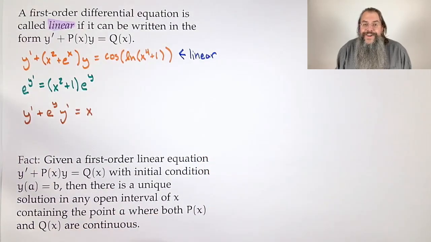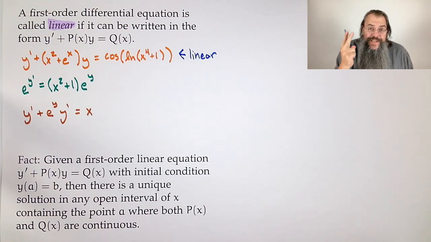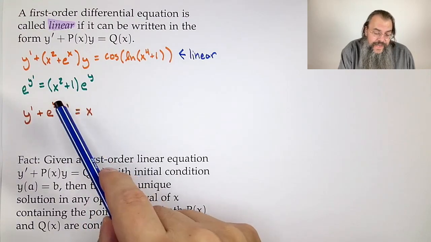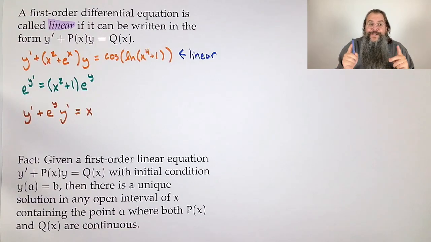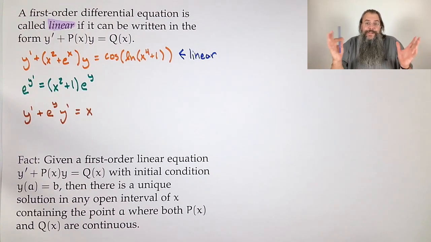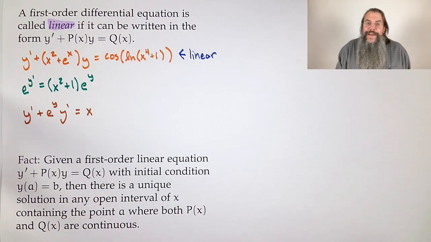So we say, yes, this is something which is linear. Good. All right, let's go to the second example. You have e to the y prime equals x squared plus 1 times e to the y. Linear or not linear? What do you think? Now, you look at it and your initial thought is, aha, this does not look like that.